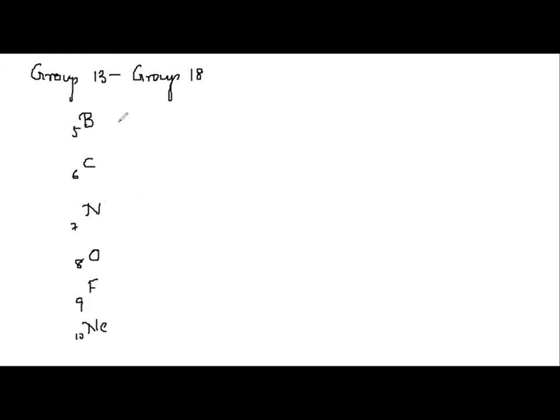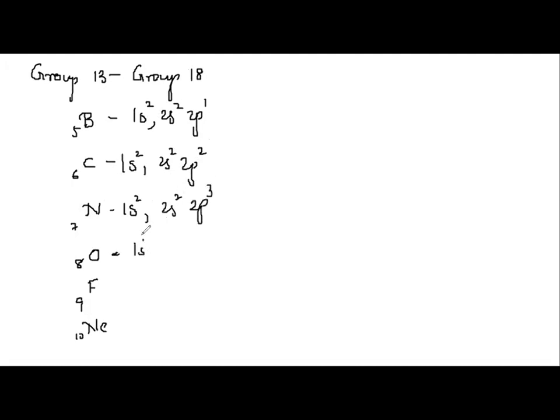Boron 1s2, 2s2, 2p1. Carbon 1s2, 2s2, 2p2. Nitrogen 1s2, 2s2, 2p3. Oxygen 1s2, 2s2, 2p4. Fluorine 1s2, 2s2, 2p5. Neon 1s2, 2s2, 2p6.